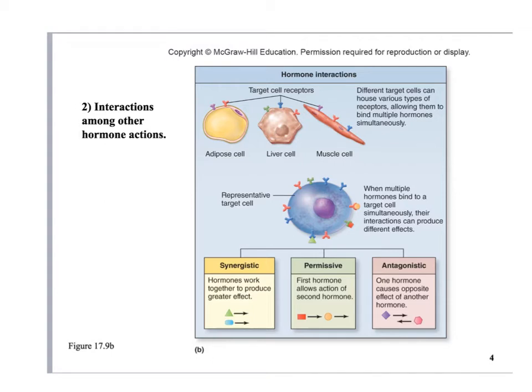And third, kind of in your idea of having an inhibitor, is the antagonistic effect. One hormone is going to work against or opposite of the other. All right, so the numbers of receptors can influence how a cell reacts to a hormone, and the presence of other hormones will also influence how a cell or an organ reacts to a hormone.